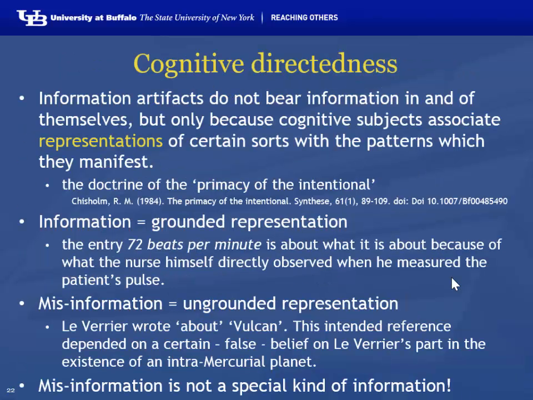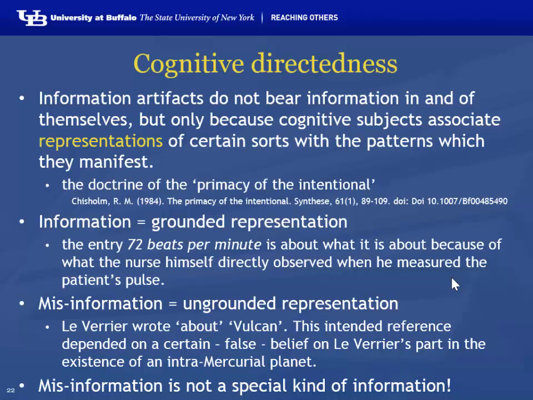All right, now, I think that the aboutness of patterns of ink or patterns of pixels is parasitic on the aboutness of cognitive representations in people's heads. So a given pattern of ink or a given pattern of pixels will be about something only if it's at least possible that somebody should concretize that pattern of ink or pixels in their head and thereby have a cognitive representation.